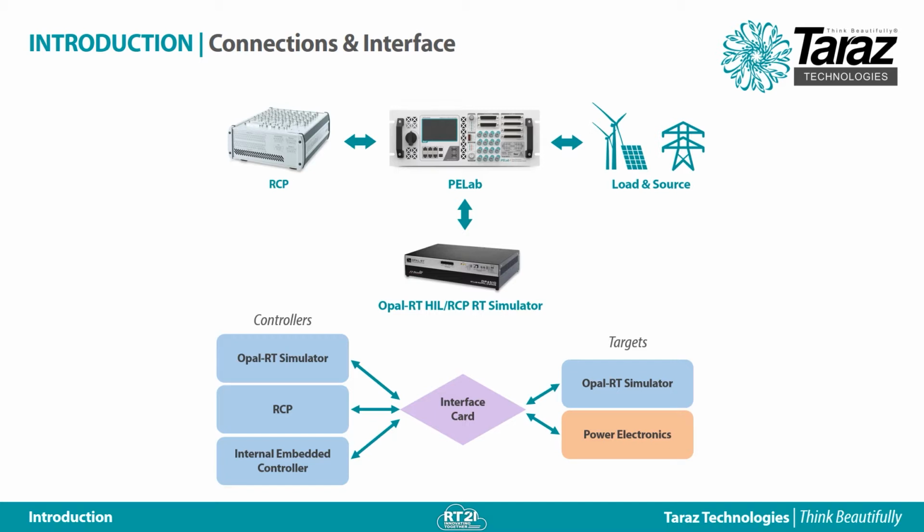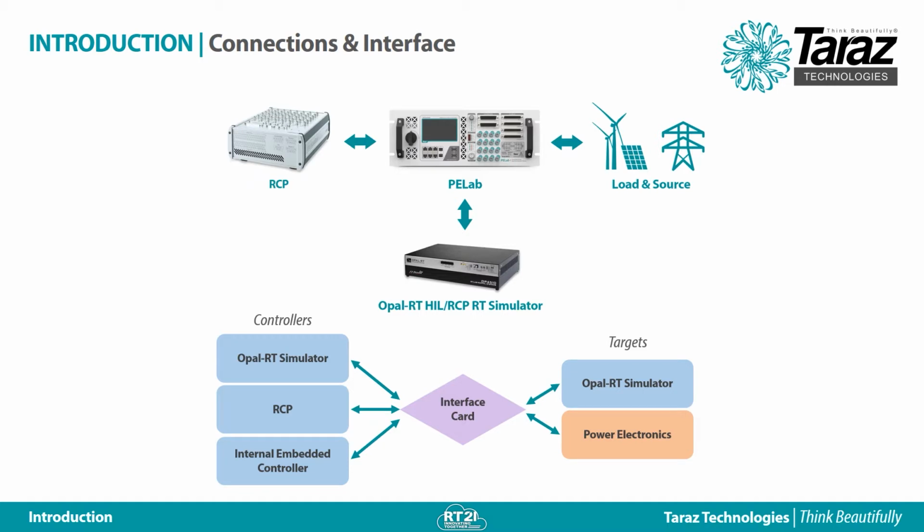Either the real-time simulator, the RCP, or the internal embedded controller can generate the PWM signals, and those signals are routed to a real-time simulator in HIL mode, or to the actual power electronics hardware inside the PELab in power mode.